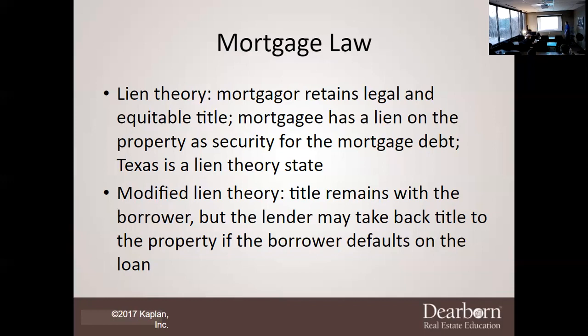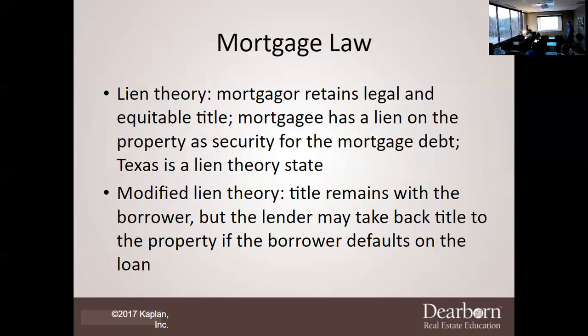Okay. So when we're talking about lien theory, what we're discussing is that the mortgagor is going to retain legal and equitable title, while the mortgagee has a lien on the property as security for the mortgage debt. Now, Miss Linda, what does this bottom sentence of that bullet say? Texas is a lien theory state.